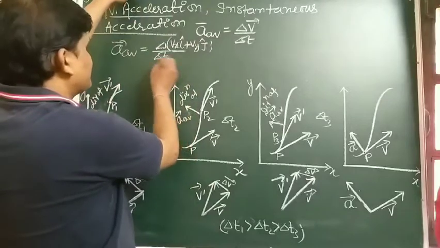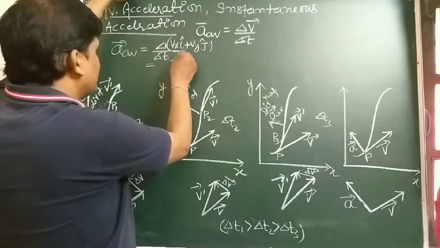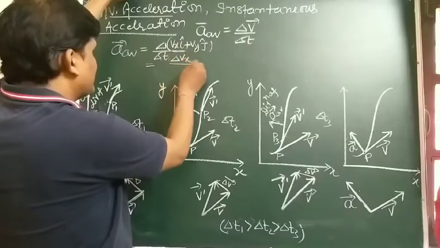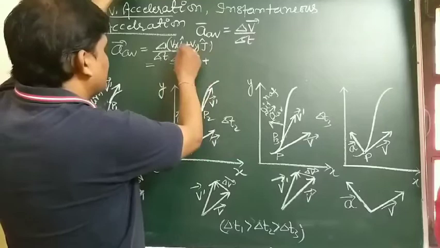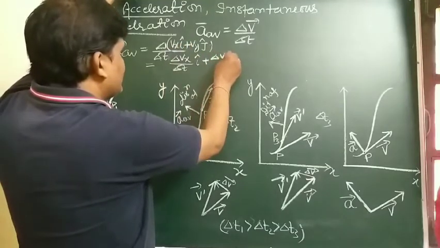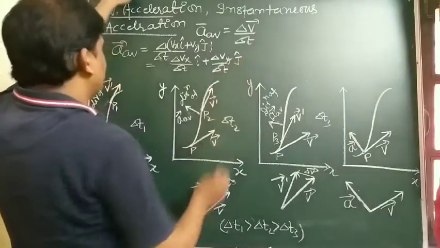Multiply this, and students, it comes out to be delta Vx by delta t i cap plus delta Vy by delta t j cap.